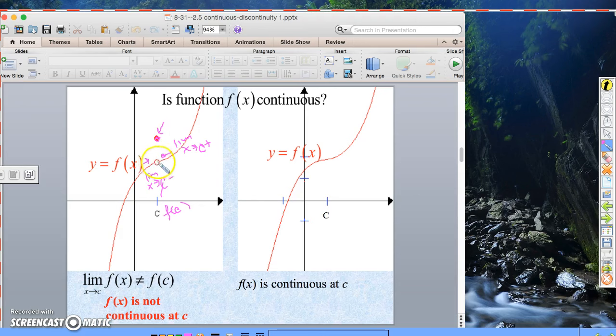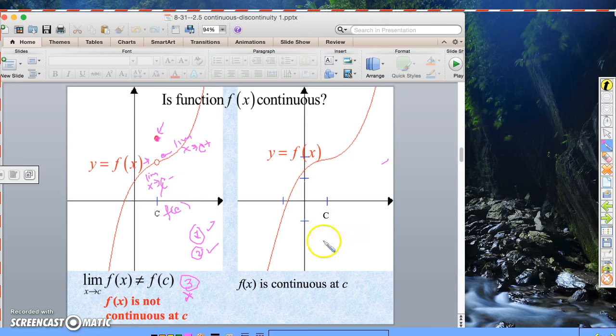It doesn't fill this gap. You see that? So in this case, condition 3 fails. So 1, check. 2, check. But condition 3 fails. And therefore the function is not continuous because, by the mathematical definition, the limit does not equal the actual solid point. The value has to equal the limit in order for it to be continuous.